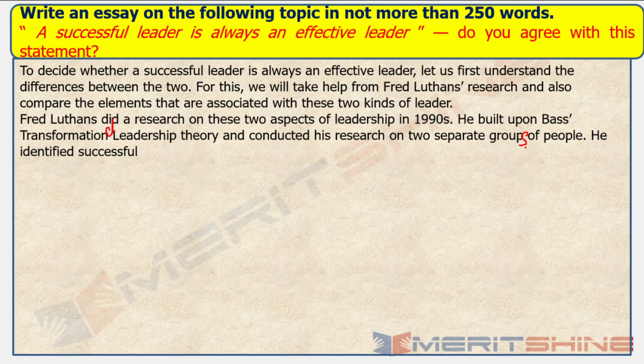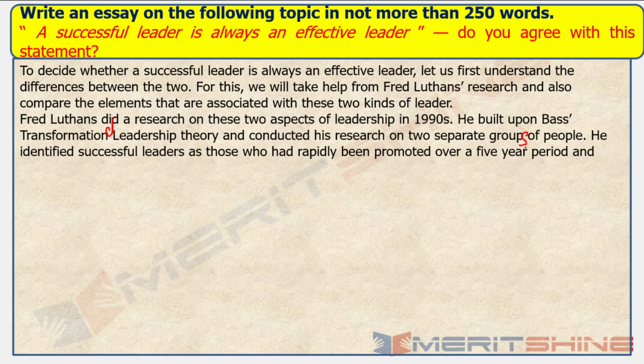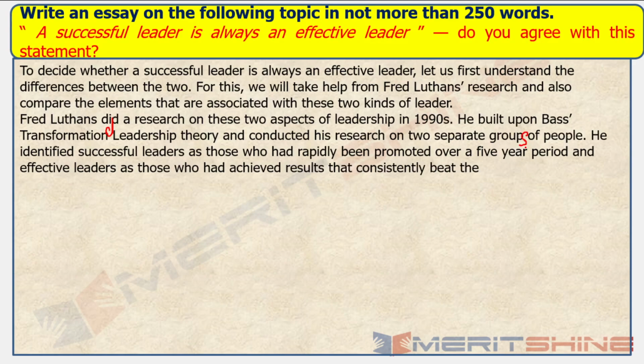Next, he identified successful leaders as those who had rapidly been promoted over a 5-year period, and effective leaders as those who had achieved results that consistently beat the competition. So now I've given what a successful leader is according to Fred Luthans and what an effective leader is.